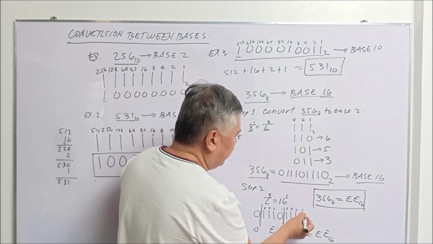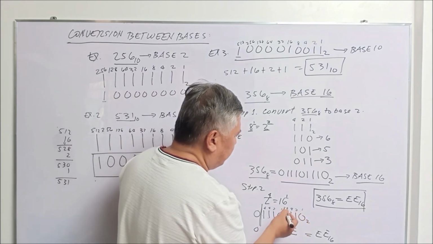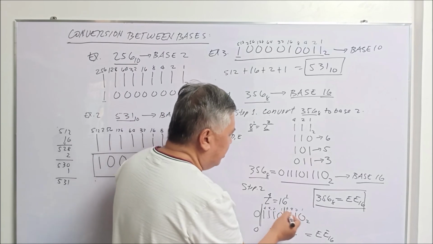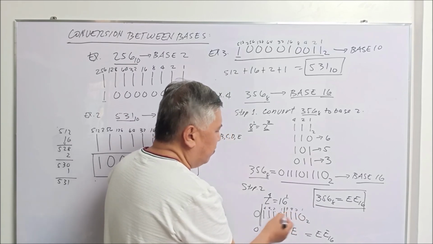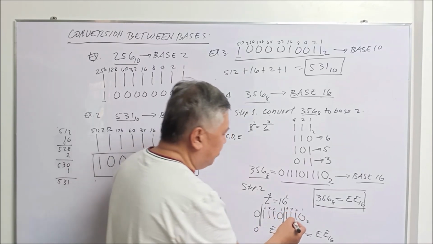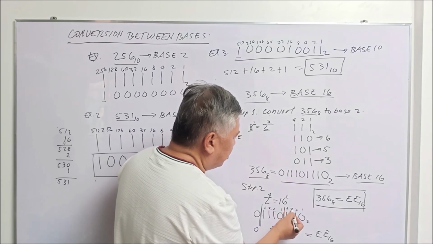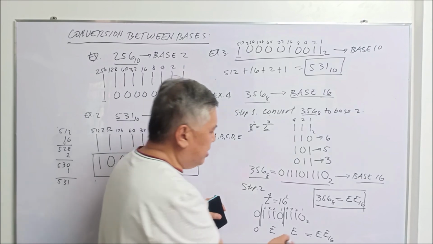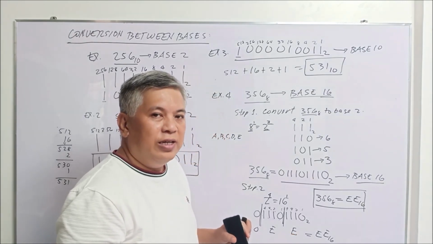Then, again, this one here is 1, 2, 4, 8. Stop, because of the boundary. Again, start counting 1, 2, 4, 8. Then you add the numbers that have a binary 1. For example, this one: 8 plus 4 plus 2 is 14, and that is E in hexadecimal.